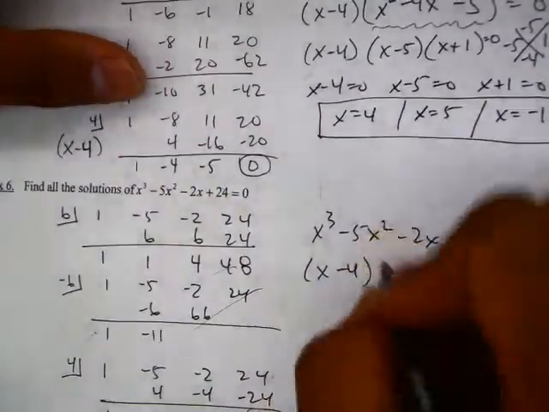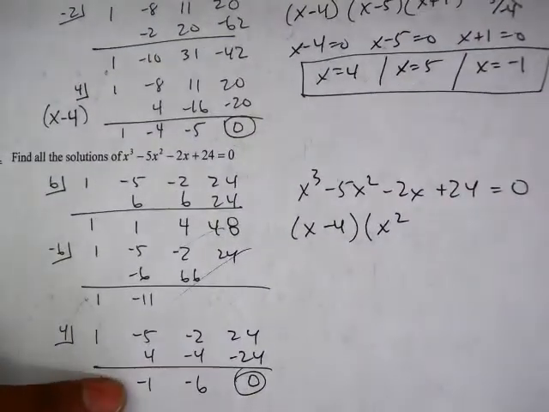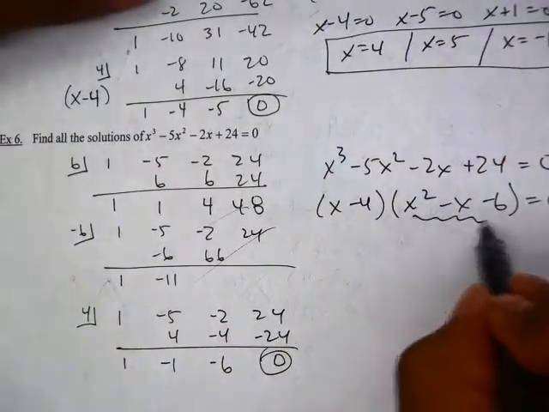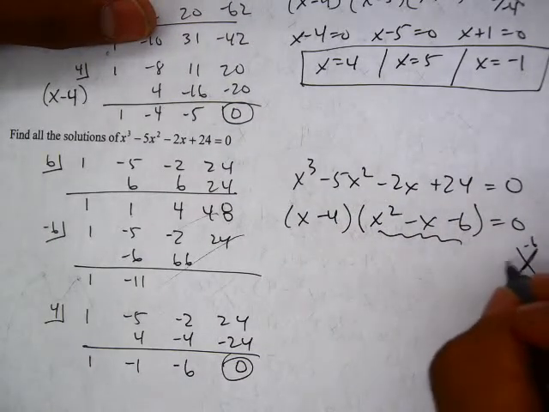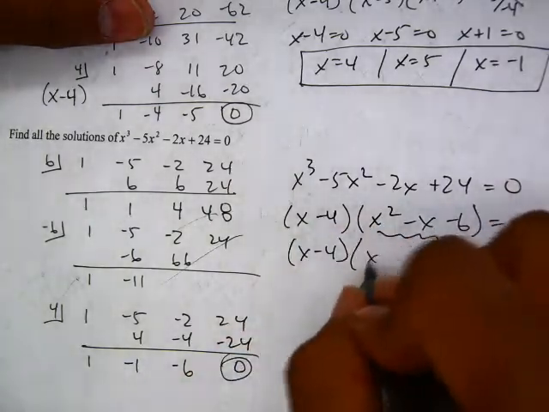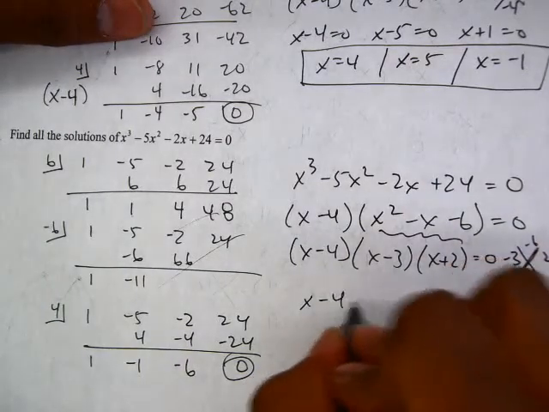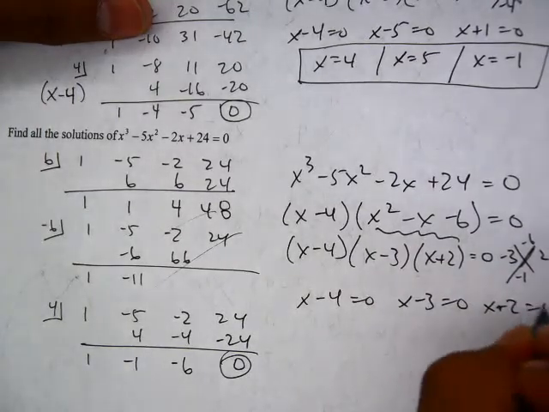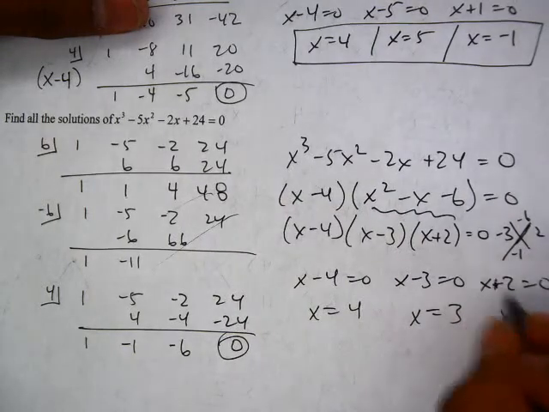We'll take the opposite sign there. And this is x squared from here, negative x minus 6. Factoring this some more. What multiplies to negative 6 and adds up to negative 1 is negative 3 and 2. So x minus 4, x minus 3, x plus 2 equals 0. So your roots, you separate these. So your roots are x equals 4, x equals 3, and x equals negative 2.